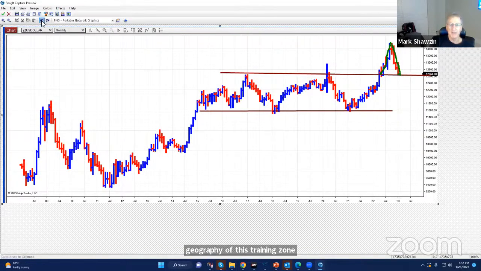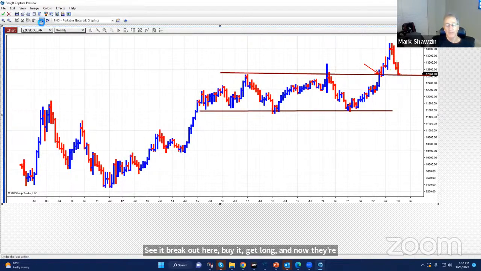And so to me, once it re-enters this zone, all these guys up here are trapped. So this is what's called a bull trap, where the bulls see a breakout here, buy it, get long, and now they're trapped up there.